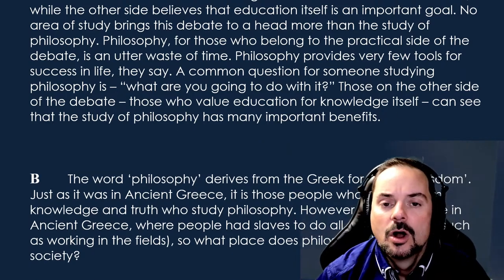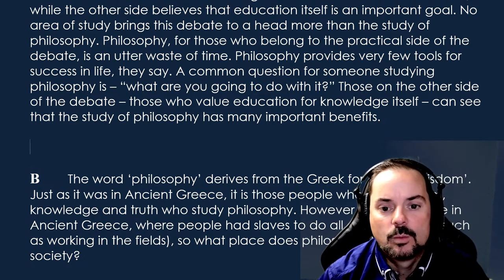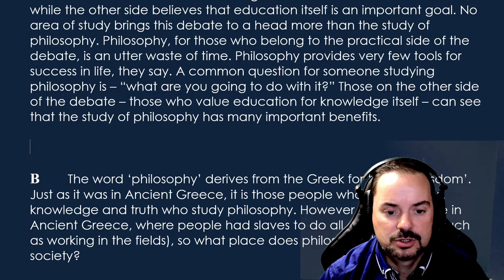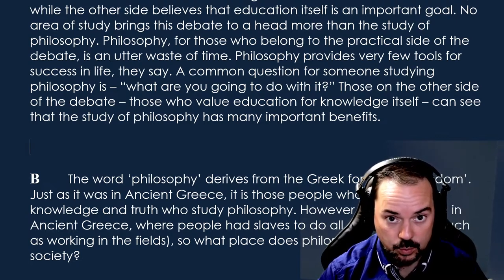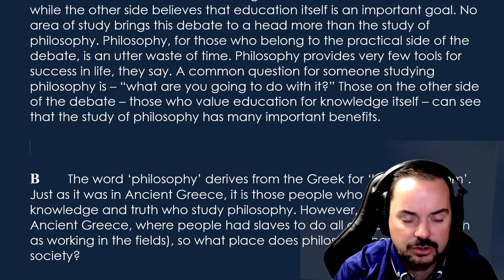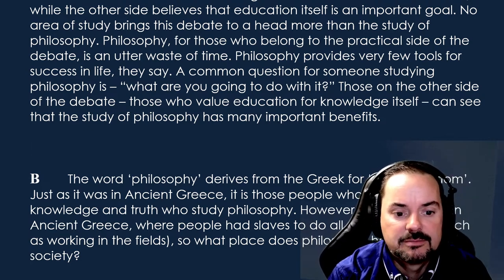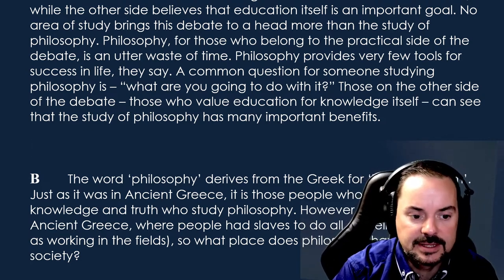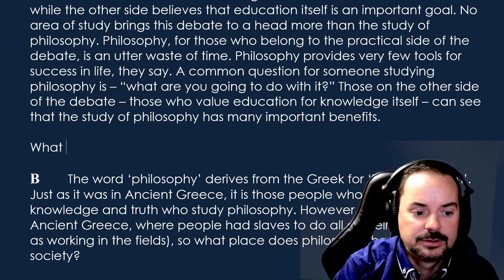Absolutely. Okay, so for everybody out there, when you're doing list of headings questions, while you're reading, you should be visualizing, you should be thinking what, why, how. You should always be thinking about what a paragraph is about. So here, Constellation, you just want to ask yourself, what is this introductory paragraph mainly about? Can you just repeat that question after me? What is this introductory paragraph mainly about?